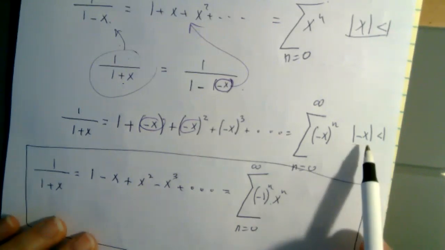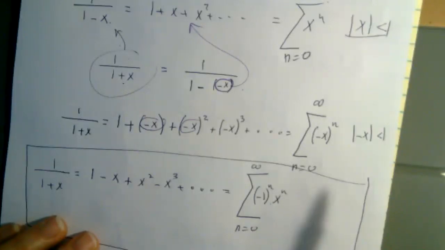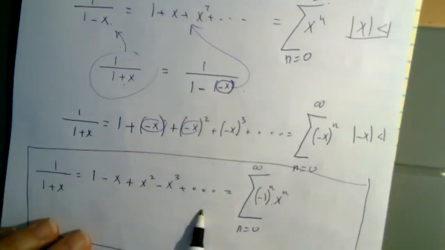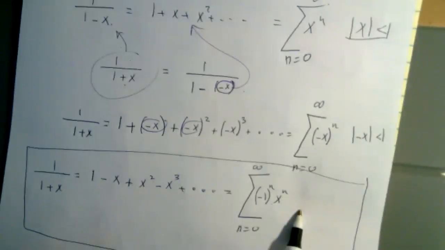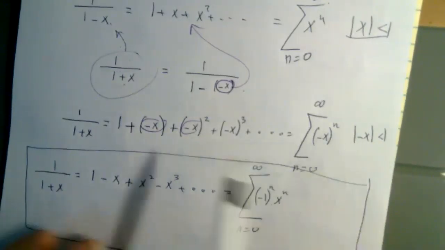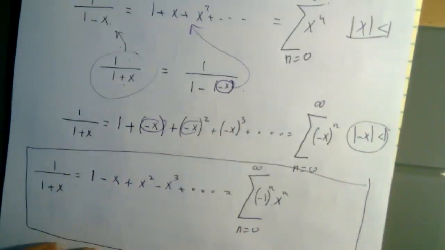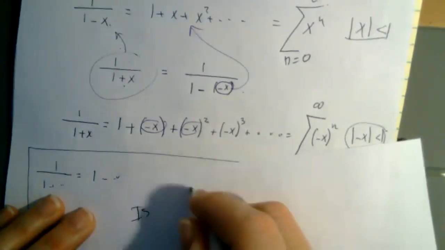And now, for which x's does this hold? It means I can never write this equality unless I tell you which x's are allowed in this equality. But the original one is true when the absolute minus x is less than 1. But now I'm going to ask you the following question. Is the following true?